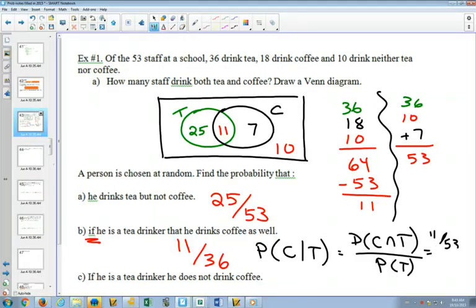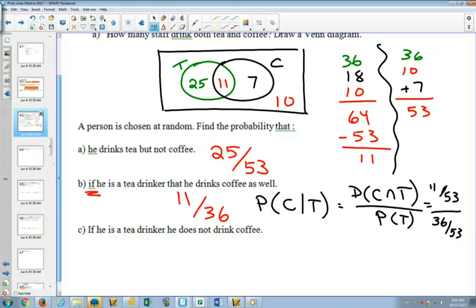Out of the entire amount, 11 out of 53 people drink coffee and tea. That's our middle section. What is the probability of someone drinking tea? 36 out of 53. And if you take a fraction, divide by fraction, and multiply and simplify, you'd see that those 53s are going to cancel out, and you'll get 11 out of 36 as well. So our formula gives us the answer as well, but this one you could see it directly.